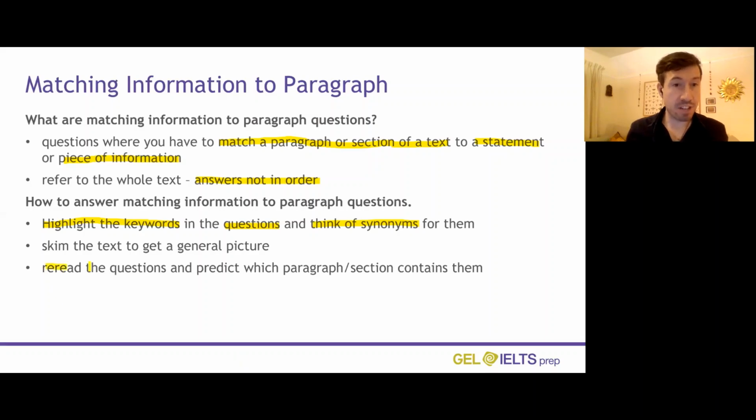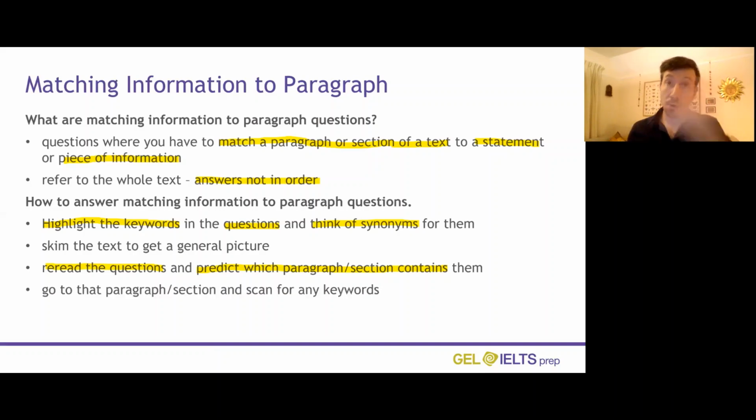Then you reread the questions again. So you look back at the questions and try to guess which paragraph the sections are contained in, okay? So you'll look back at the questions, you go, yeah, okay, I think this one is in paragraph E. I think this one is probably in paragraph F, okay? So after that, you go to that paragraph or section and scan for the keywords.